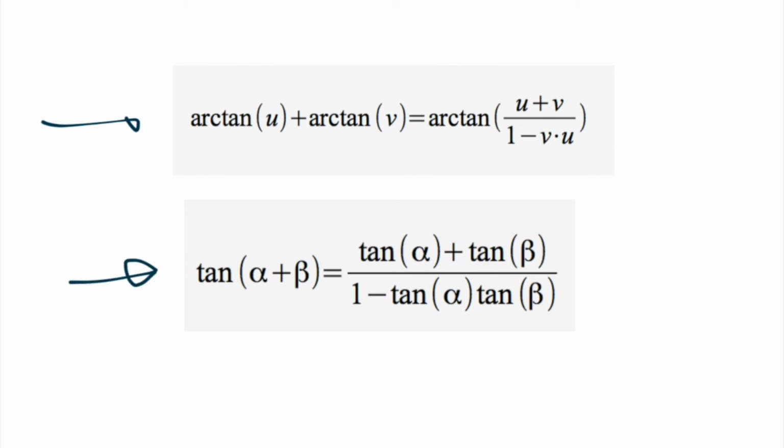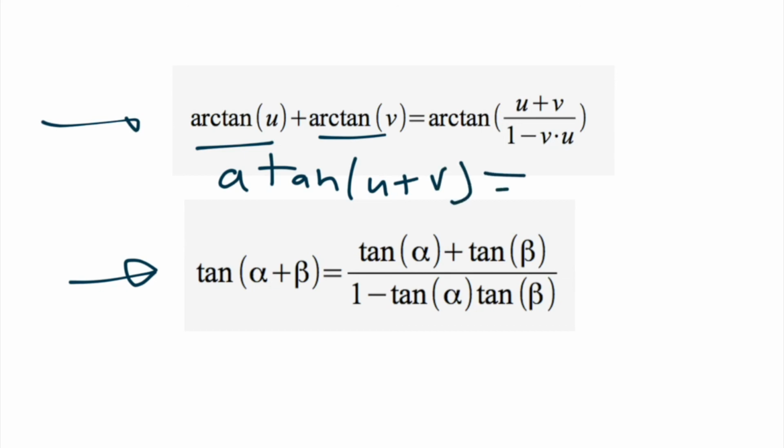It's really pretty similar to this one. If you can remember that, it's only a very slight difference. You see you have two different terms here. It's tempting to write atan u plus atan v equals atan of u plus v. That's not true. Don't make that mistake. But it's quite analogous to the one that's already in your test booklet.